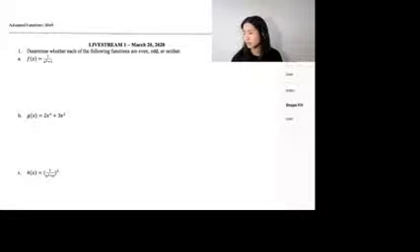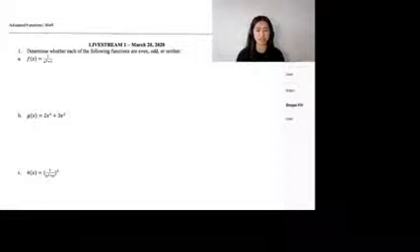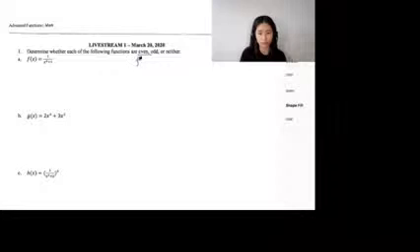Okay, so let's begin. So the first question we need to figure out whether the function is even, odd, or neither, right? So just as a recap, first of all, how even versus odd, right? If a function is even, that means algebraically, you're going to have to plug in f of negative x. So if it's even, if you plug in f of negative x, you need to have f of x.